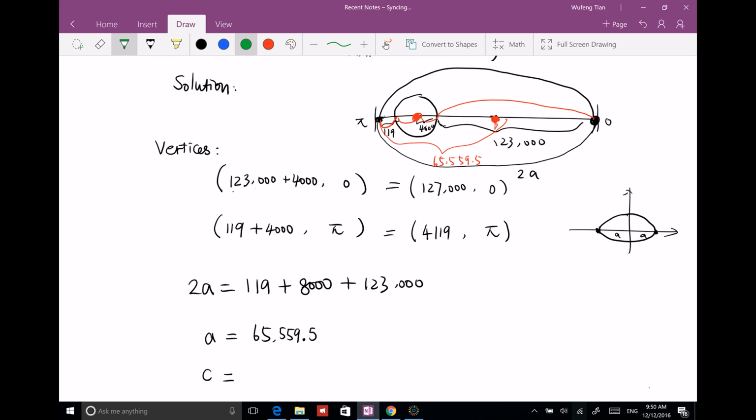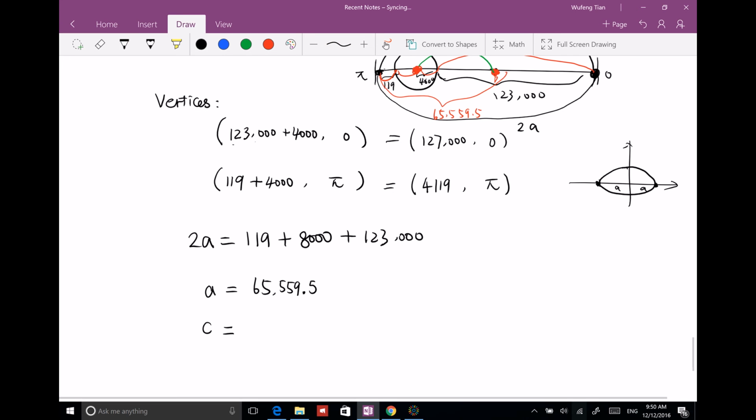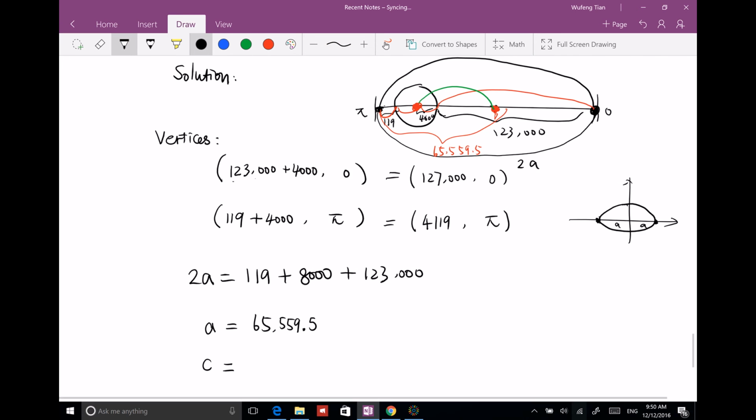So what is this distance? The c. So c equals a minus 4,000 minus 119. The whole thing is 65,559.5, and then subtract the blue one, and what remains is the green one. The green one is c, and this is the a, right?